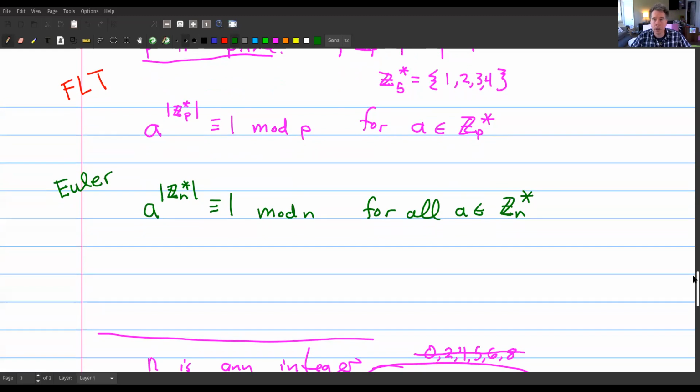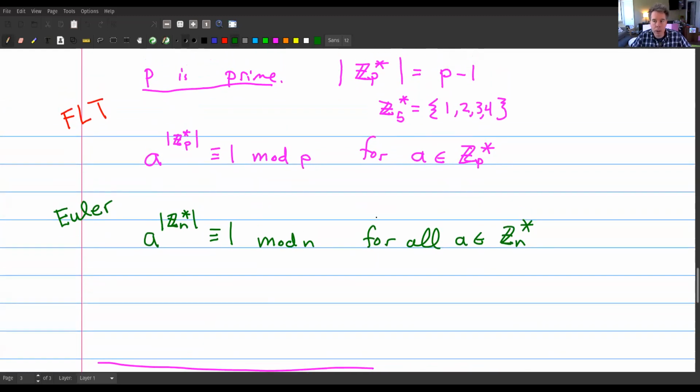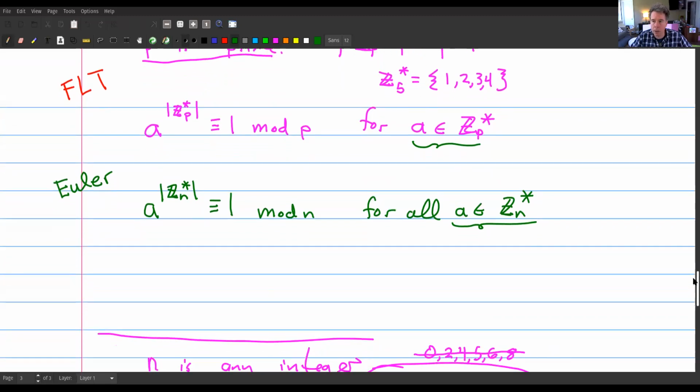So it's a little bit different, because Fermat's little theorem applied basically to any A, but that's just because any A is in Zp star because p is prime. But this only applies to the A that are in Zn star, so it won't apply for certain things.